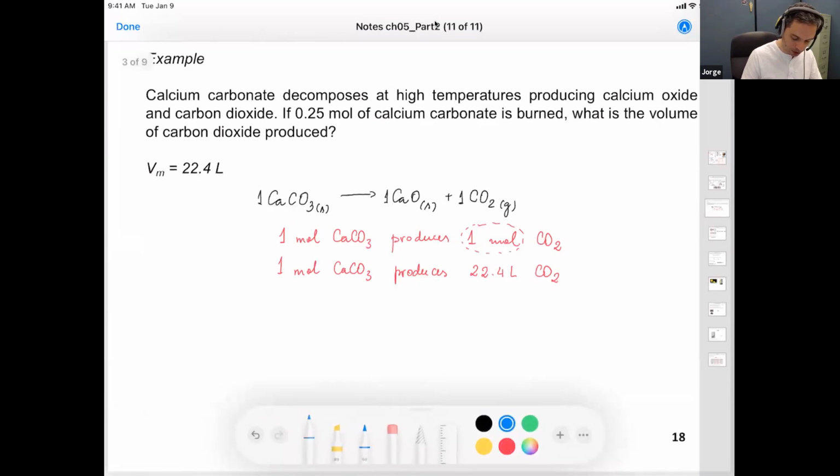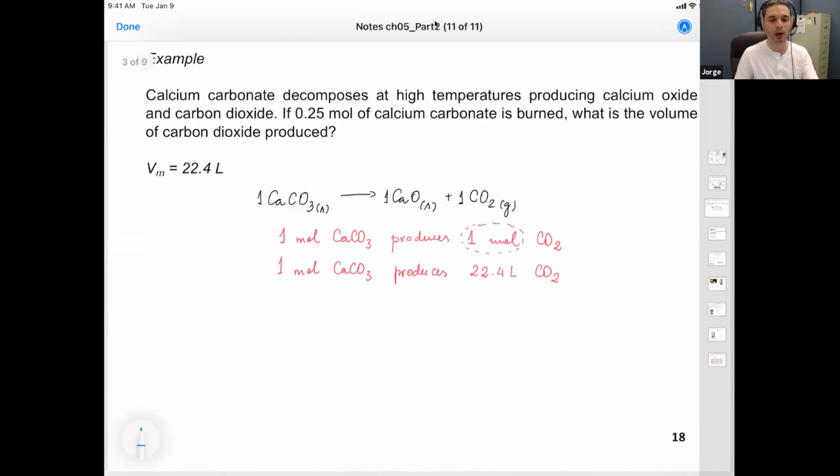Now the problem here is not dealing with 1 mole of calcium carbonate, but it's dealing with 0.25 mole of calcium carbonate. And the question is how much CO2 is going to be produced.